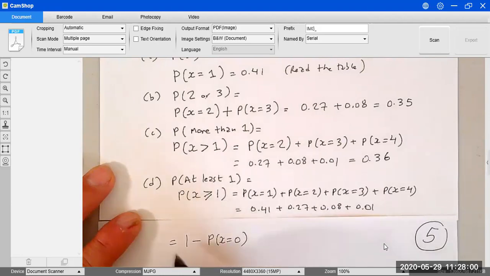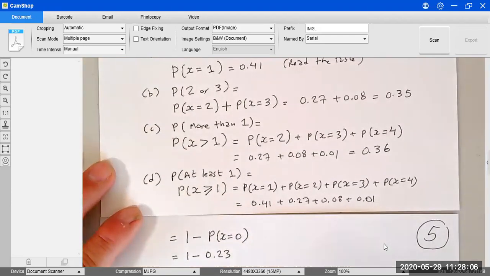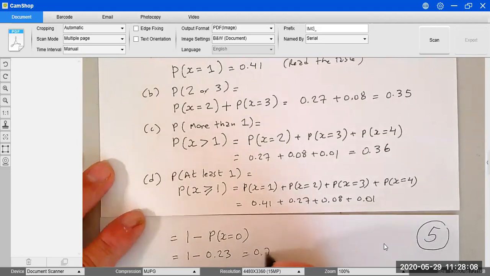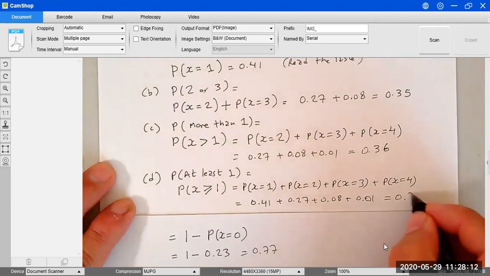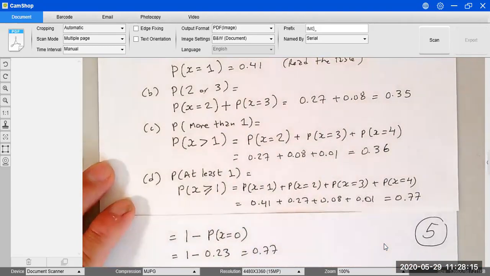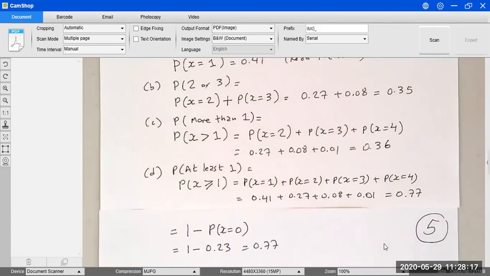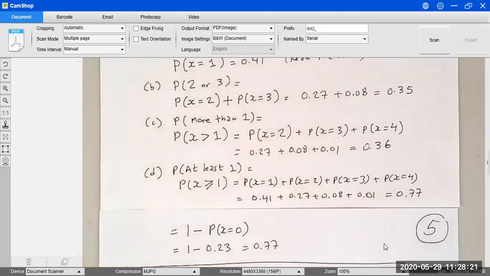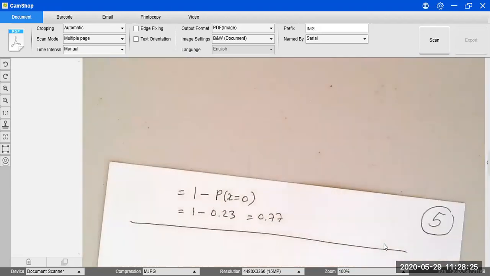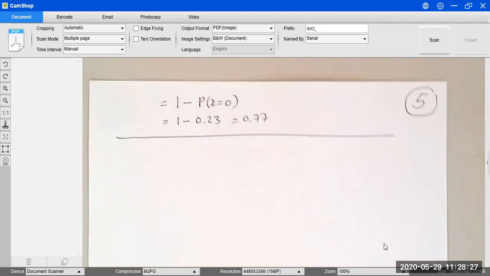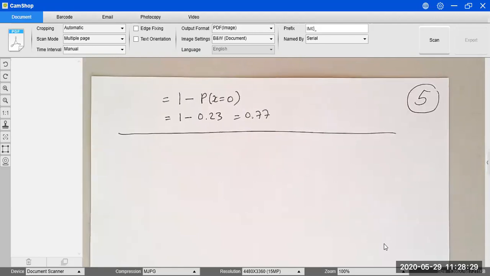So this is equivalent to 1 minus 0.23. If you do these computations, you're going to get 0.77, and you get 0.77 from here also. So those are the problems that used a probability distribution to find the probabilities of certain events, single events and compound events.